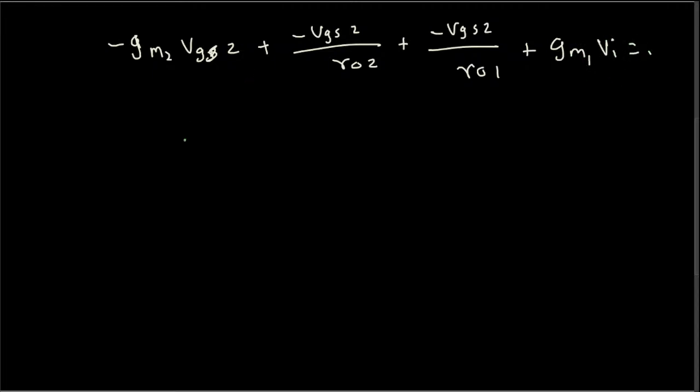Okay, so if we write this one, here we can take the like terms. If I take VGS2 common, and I'm bringing all these three terms to the other side of the equation, these terms will become a plus.